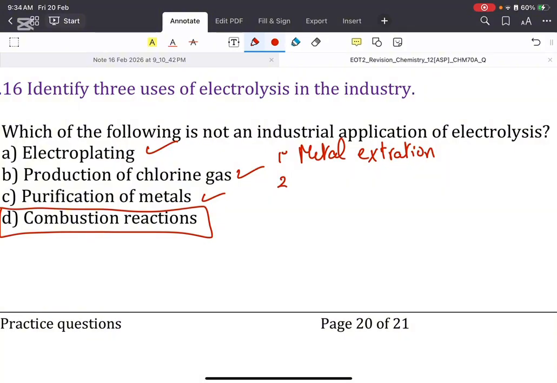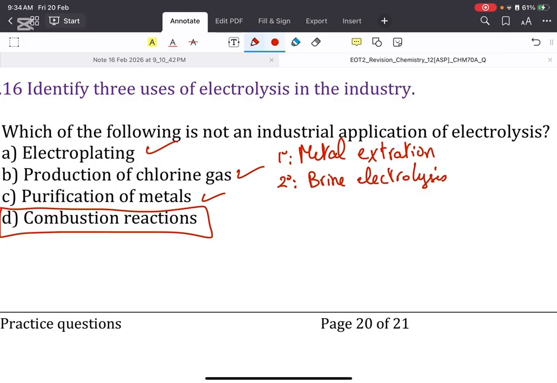Okay, so that is 1. 2, electrolysis, metal extraction, and specifically for reactive metals that cannot exist alone in nature. It is used to make gases like chlorine gas, hydrogen gas. So we say brine electrolysis.